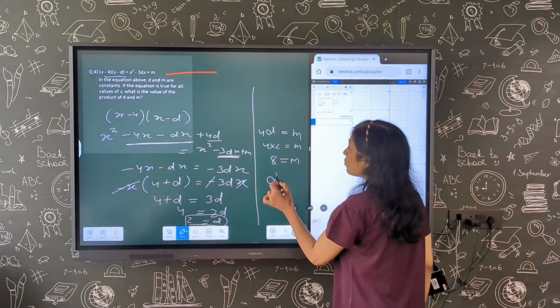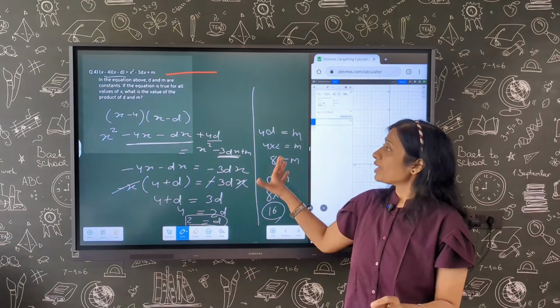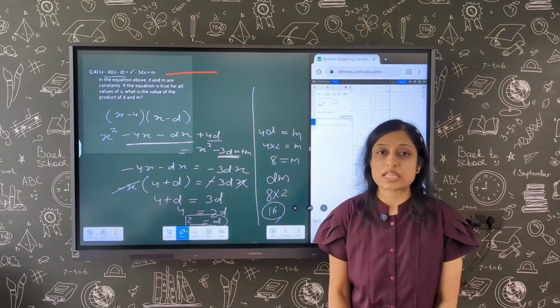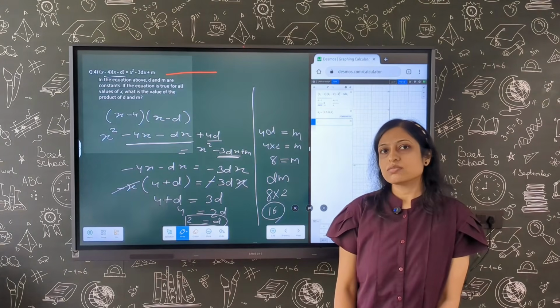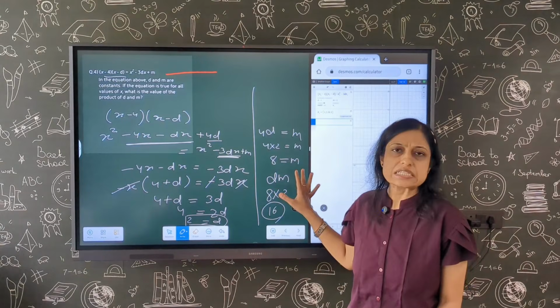The question is asking for d times m. So it will become 8 times 2, and 16 is the final answer. Under pressure, most of the students make the mistake and enter 8 or sometimes 2 as the answer, which is incorrect.